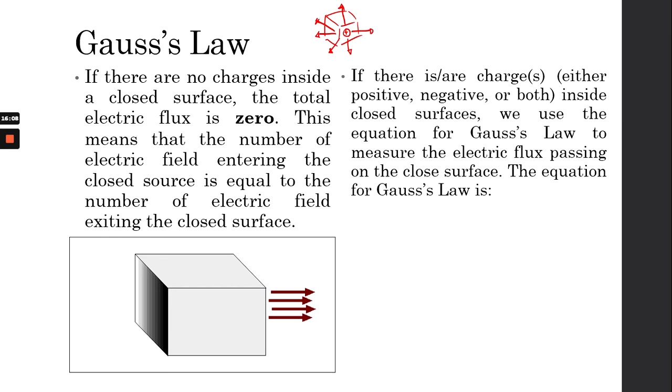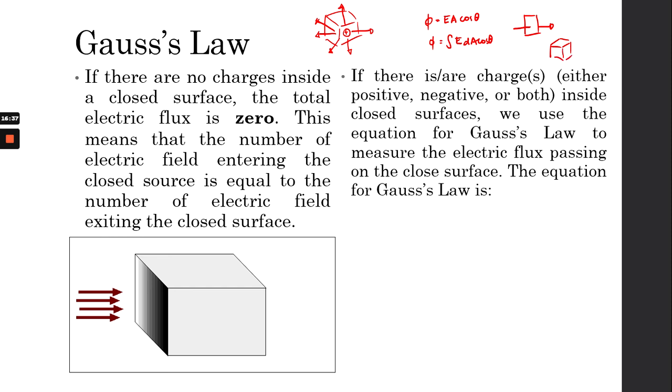So let's differentiate this now. The equations that we have used so far, EA cosine theta, and the equation that we just discussed, the integral of E dA cosine theta, are very useful if you have a surface wherein electric flux is passing, or you have an enclosed surface wherein there is no charge inside.